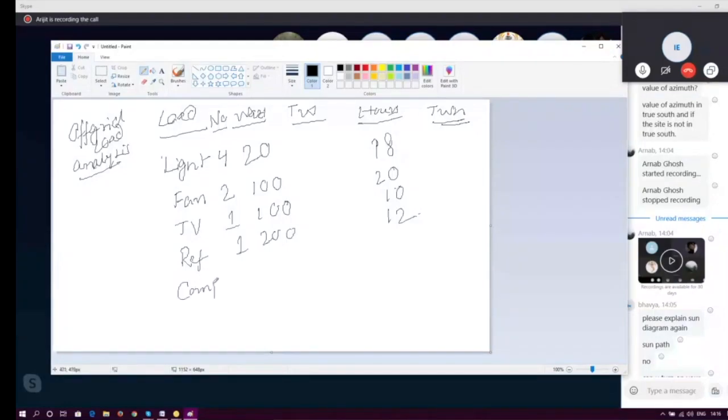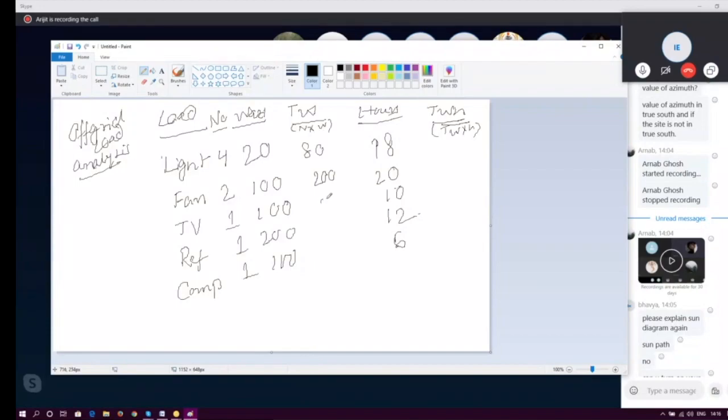Now we need to do the calculation. TW will be number into watt, and our TWH will be TW into H. So it will be 80, 200, 100, 200, 100.